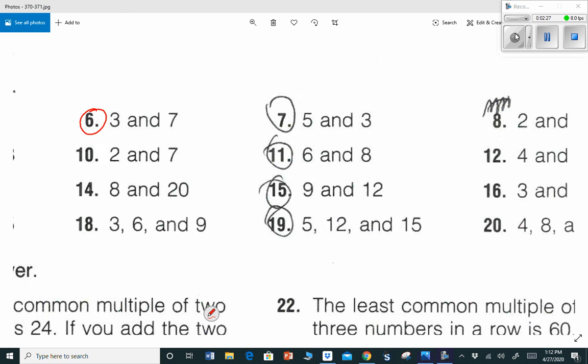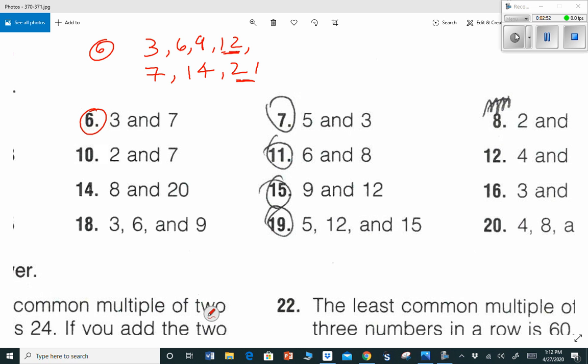Okay, number 6 is 3 and 7. So you write a 3 and you write a 7. Count by 3s, 3, 6, 9, 12. Count by 7s, 14, 21. You see how you're all the way up to 21 here and you're only up to 12 here. So if you need to continue, catch the one number up to the other one.